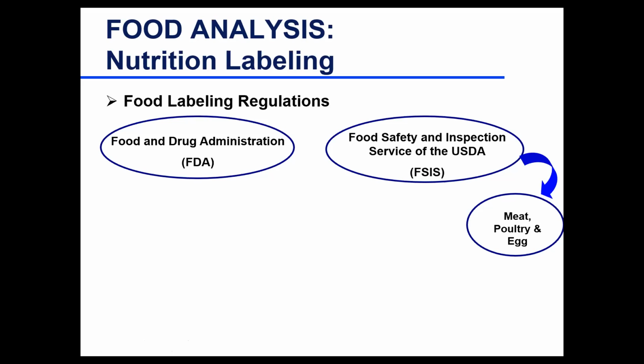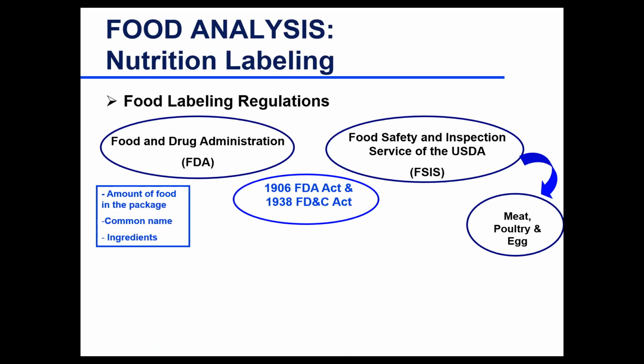The Food and Drug Administration regulates food labeling for all products except meat, poultry, and eggs. Meat, poultry, and eggs are regulated by the Food Safety and Inspection Service of the USDA, so FSIS.